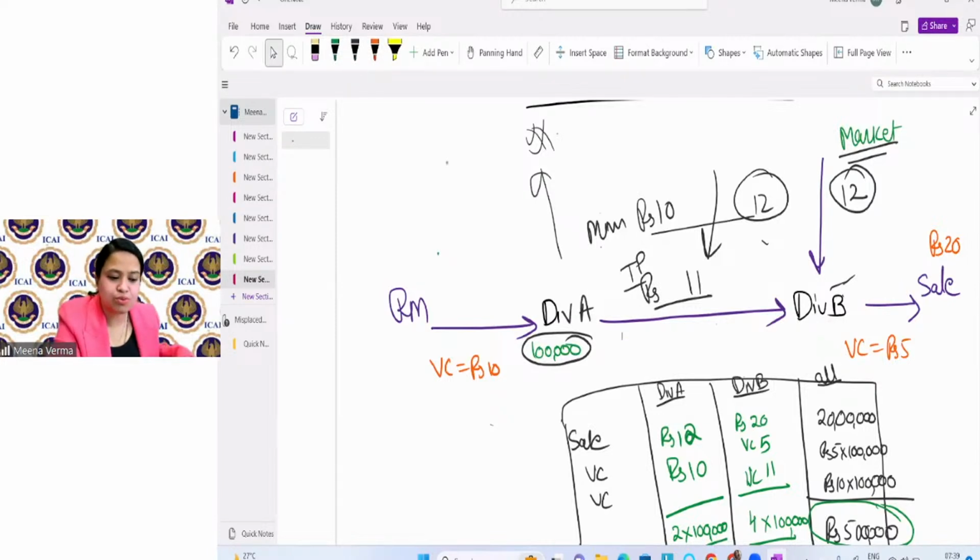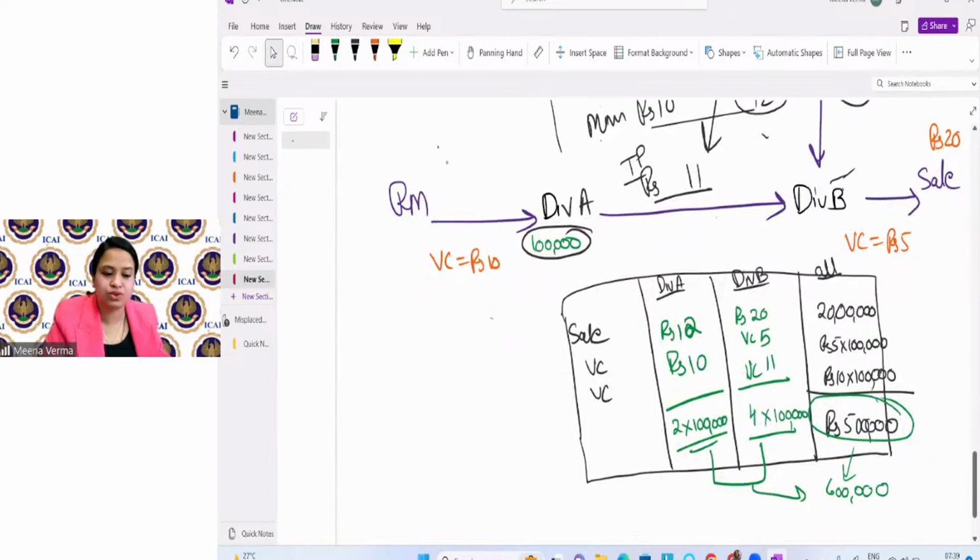Now with 11 rupees, you can see the profitability of both will increase. They're transferring the goods for 11 rupees. So 11 will be the variable cost here, and 5.